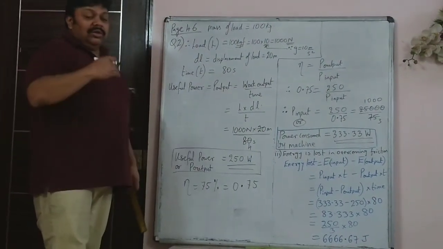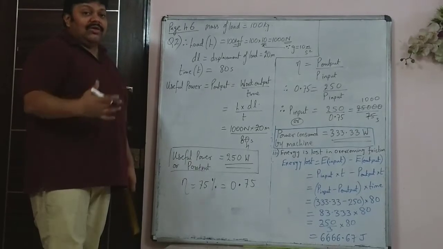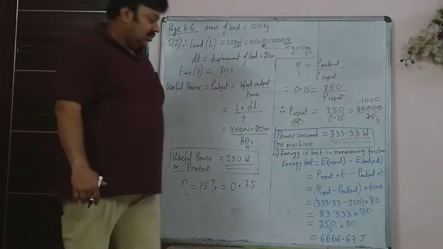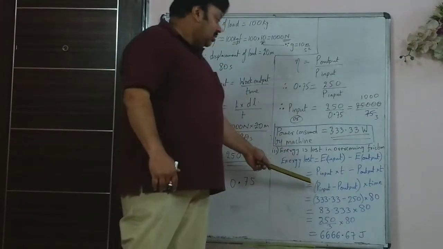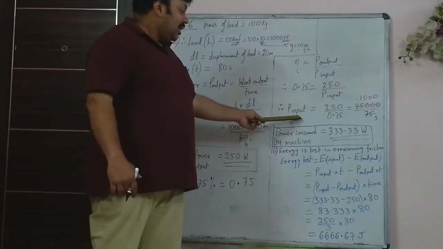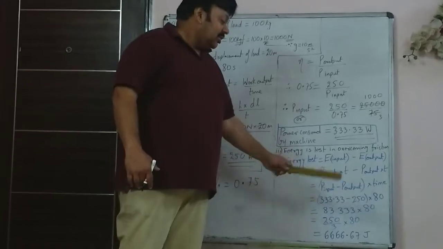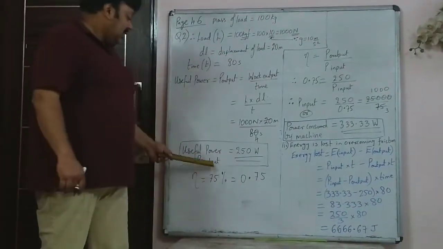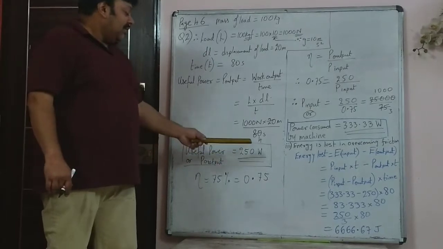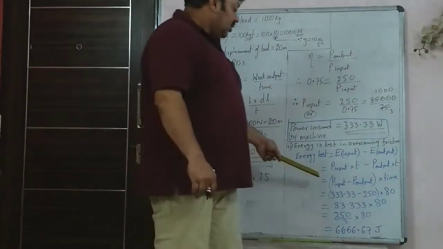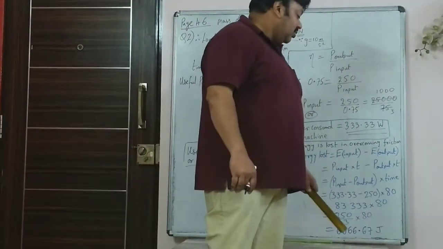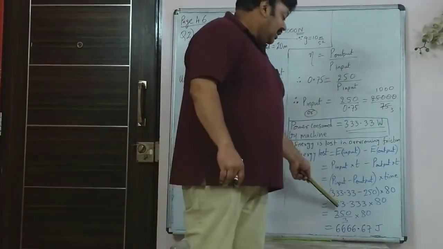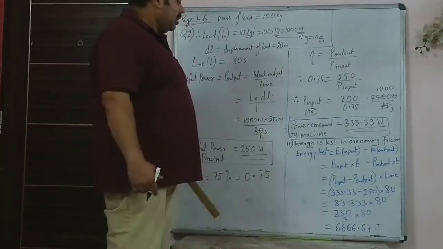I told you the input output everything is as long as the machine is on, and this machine was on for 80 seconds. So power input is the power consumed by the machine, that is 333.33, and power output is this useful power, that is 250. So 333.33 minus 250 into time 80 seconds, that difference 83.333 into 80.